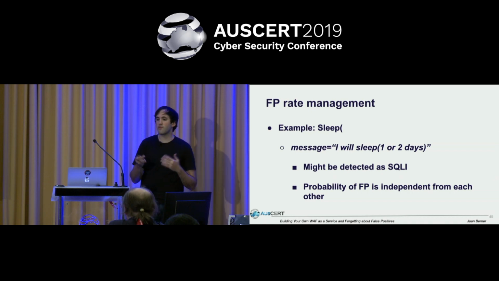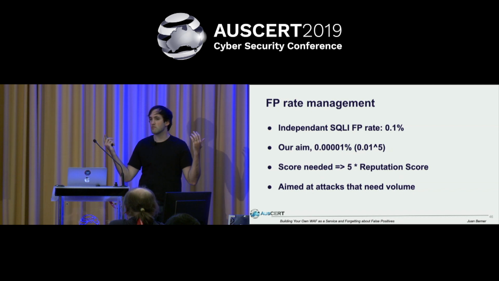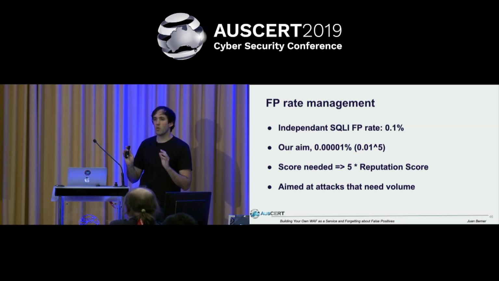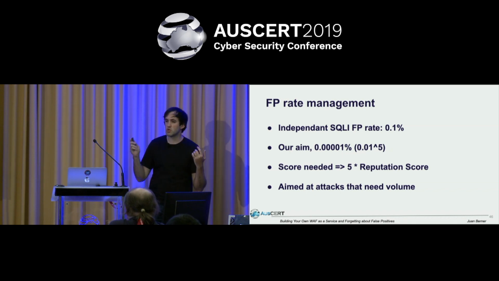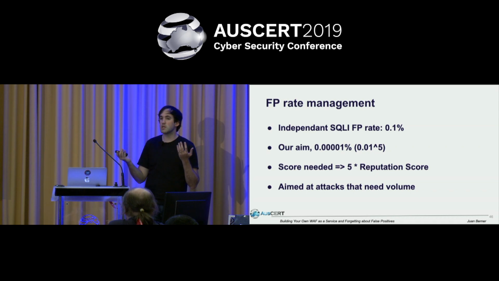Now, if you say that, for example, SQL injections with ModSecurity have a 0.1% false positive rate, that's pretty high. But if we go with a very naive approach and we say we actually want to get to 0.0001%, which is going to be close to nothing from your perspective, then you will say, okay, I just need a score of 5.